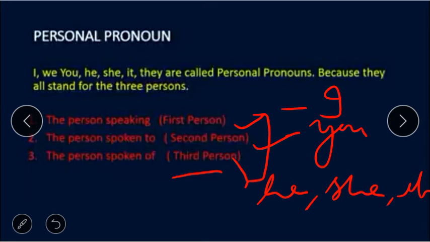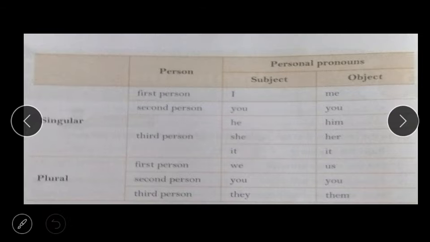We will learn this with the help of the table given in your book. The person speaking is the first person. So here the first person is what, children? I. I have given an example, no? And the object form is me. The second person is you, the person whom we are speaking to.